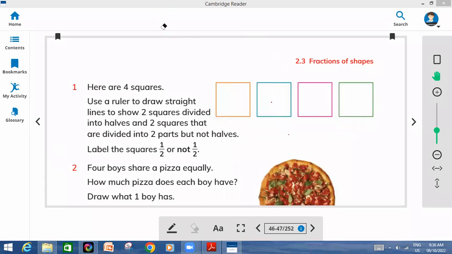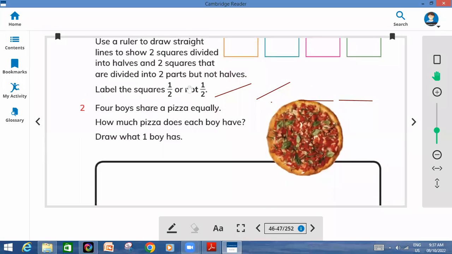So, two shapes that can be equal, but two shapes that cannot be equal, like this. Okay. So here, this is equal, and this is equal. Okay, moving on to the next question.